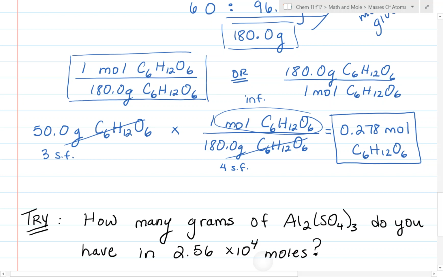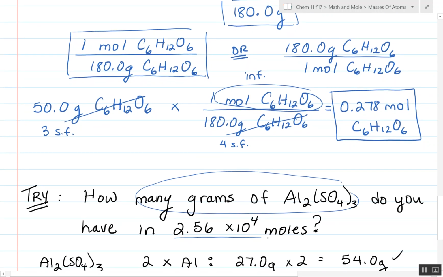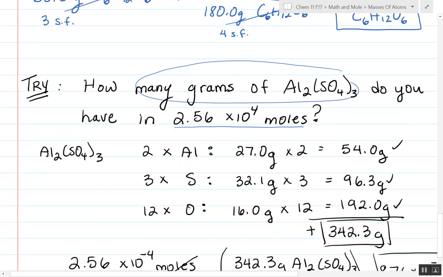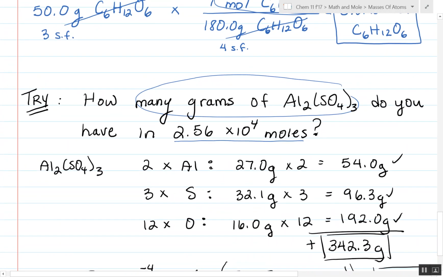Have fun. All right, welcome back. So hopefully that try went well for you. Let's take a look. If we're looking for how many grams of aluminum sulfate you have in 2.56 moles, the first thing you wanted to do was to determine the molar mass of the compound, the aluminum sulfate. So you should have gotten 342.3 grams.